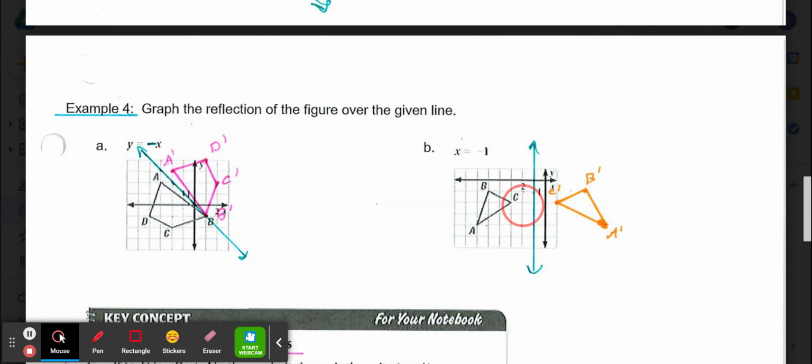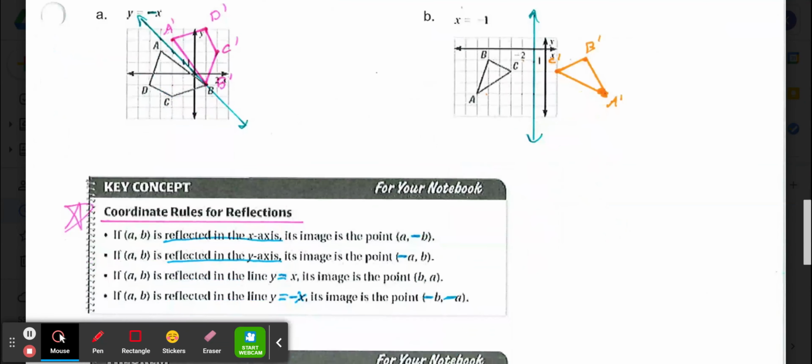C is 2 away from that line to the left. So to get C prime, I'd start at the line and go 1, 2 to the right. A is currently 1, 2, 3, 4, 5 spots to the left of the line. So A prime would be 1, 2, 3, 4, 5 spots to the right. Reconnect our 3 points, and we've reflected that triangle.